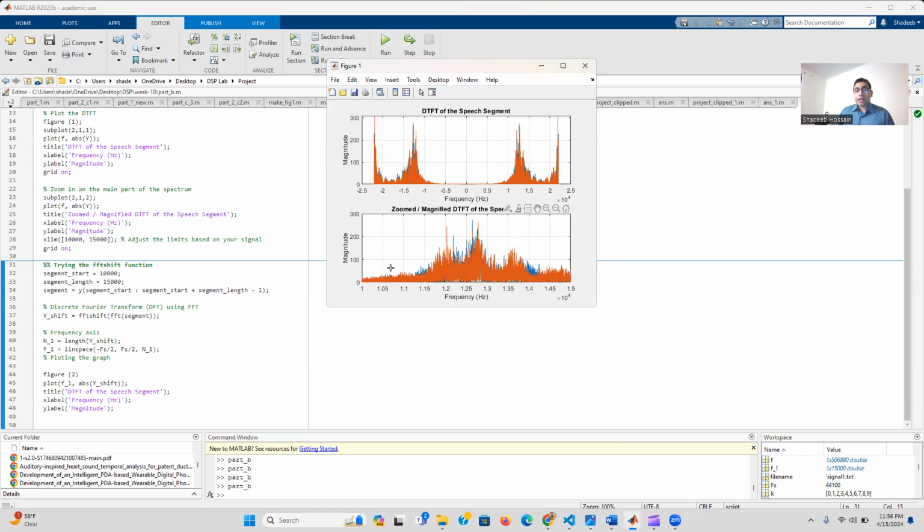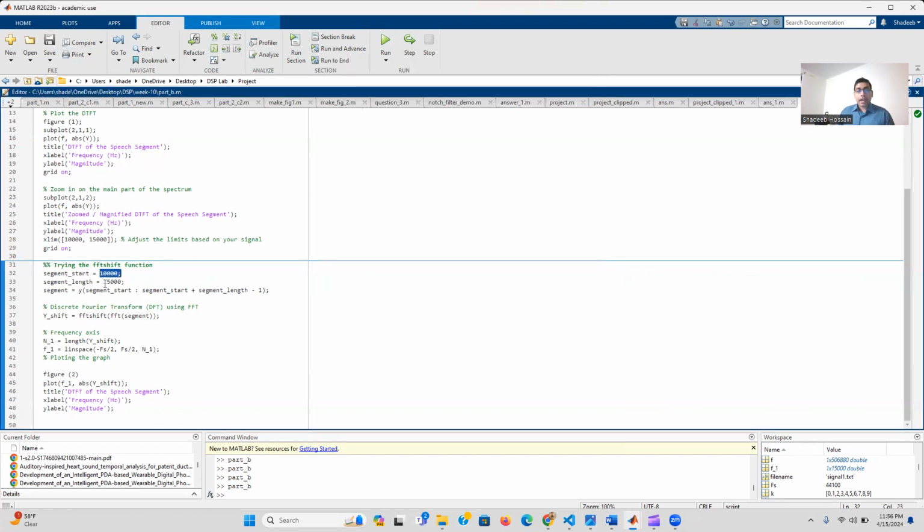So you find that most of the frequencies are in this range, right? So that's why what I did was I started the frequency with 10K, and then the signal is 15K. You are trying to find the fast Fourier transform of this segment and using FFT shift. So you have to use FFT shift and you have to basically find the Fourier transform of that one.